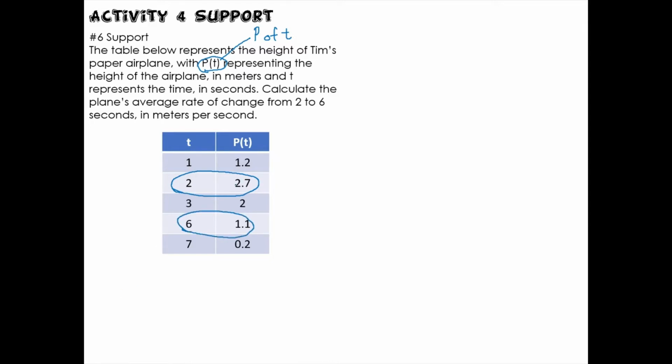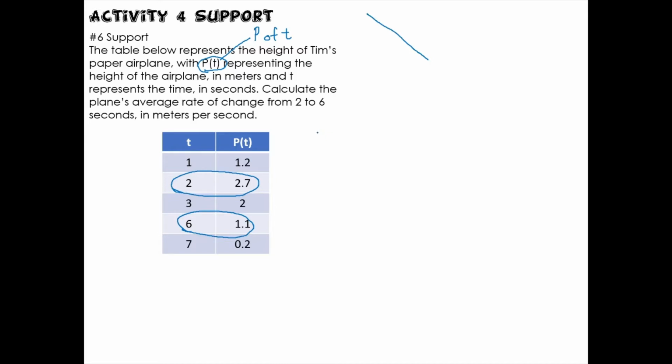And so if we're looking at this from 2 to 6 seconds, we notice that it's going down. And if you know anything about rate of change, when it's going down like that, you are going to get a negative slope because it's decreasing. So remember, that is a negative slope. So here we go, one more time.